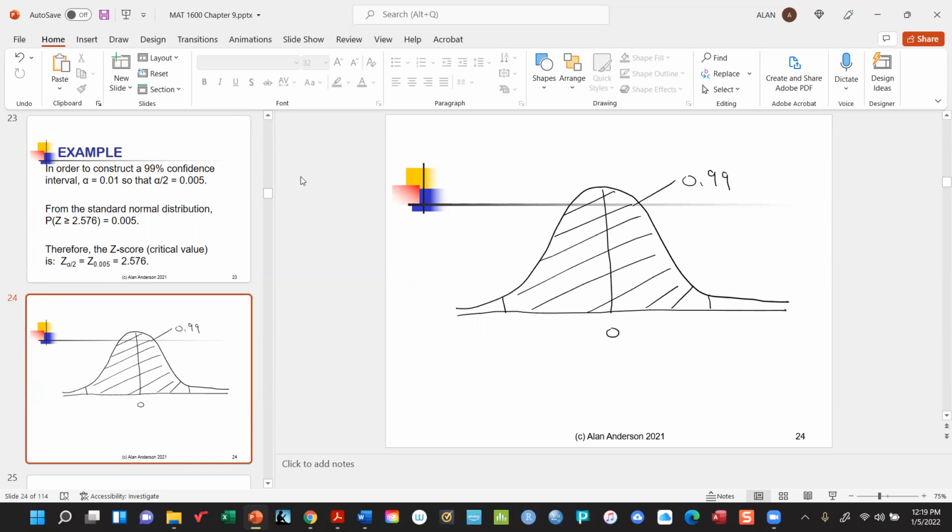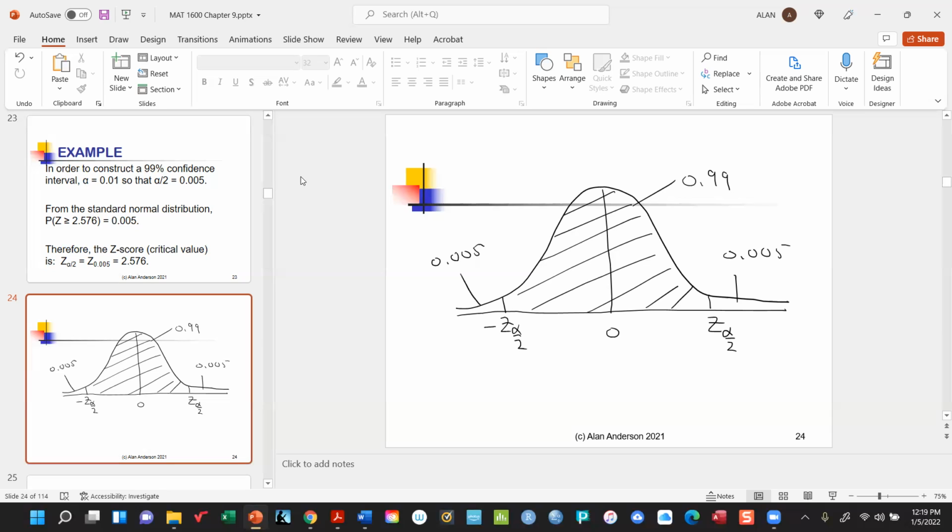If that's the case, then this area is 0.5%, as is this one. So there are two Z-scores, which form the boundaries between the middle 99% and the outside 0.5% in each tail.